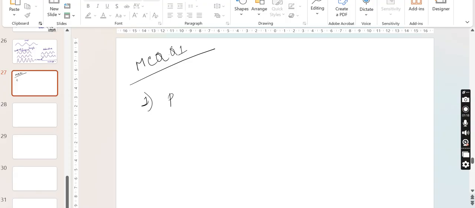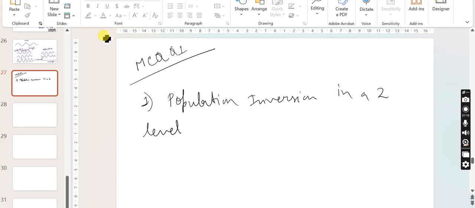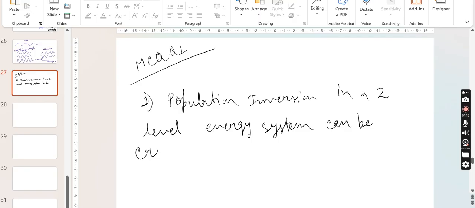First question: population inversion in a two-level energy system can be created by option 1, raising the temperature.